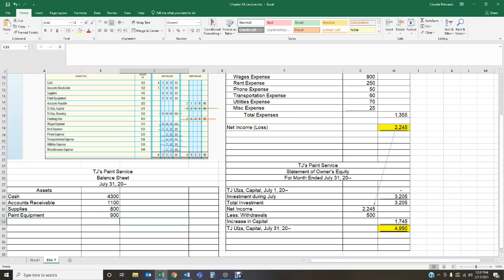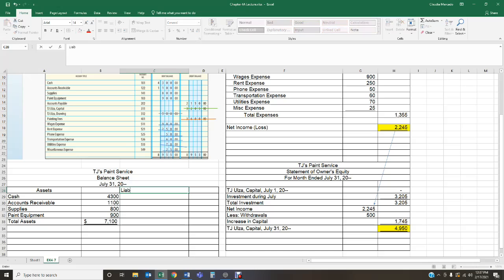So we're going to add those together, and that's going to give me total assets. So I'm going to add them. And that gave me $7,100. So my total assets are $7,100.